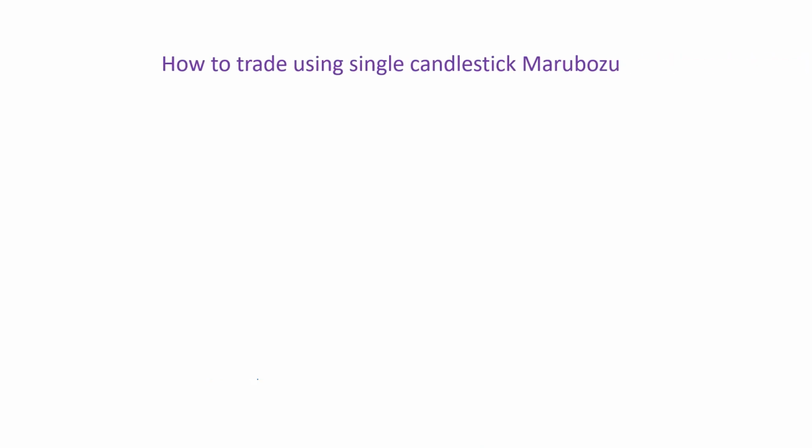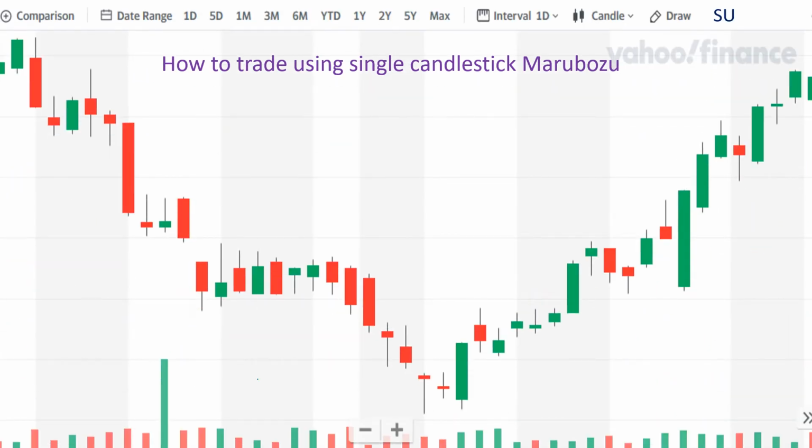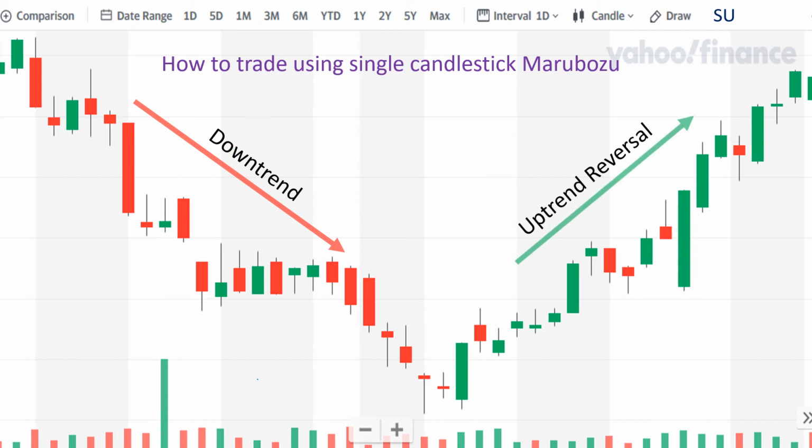How to trade using the single candlestick Marubozu. This is the price trend of SU stock on the D1 time frame from Finance. The price is originally going downward toward the bottom of a downtrend and then reverses back going upward.